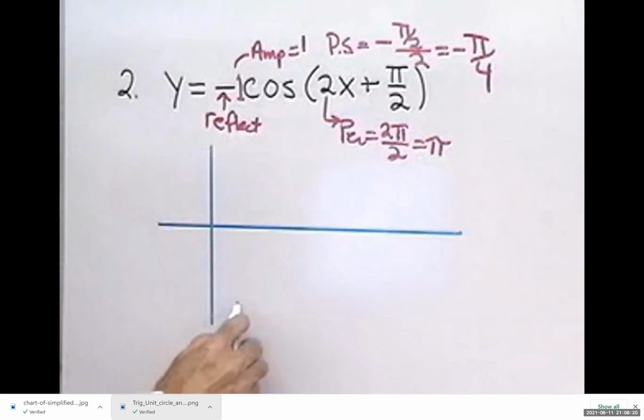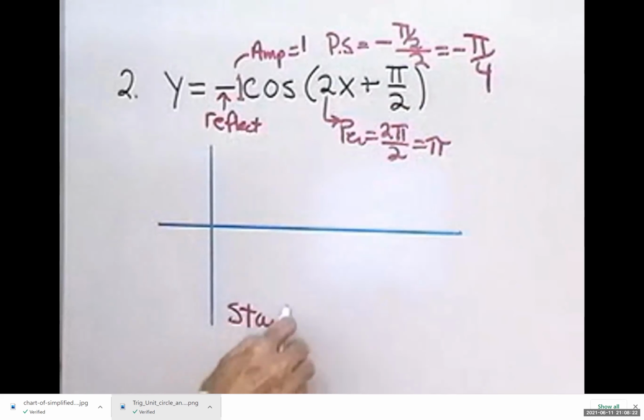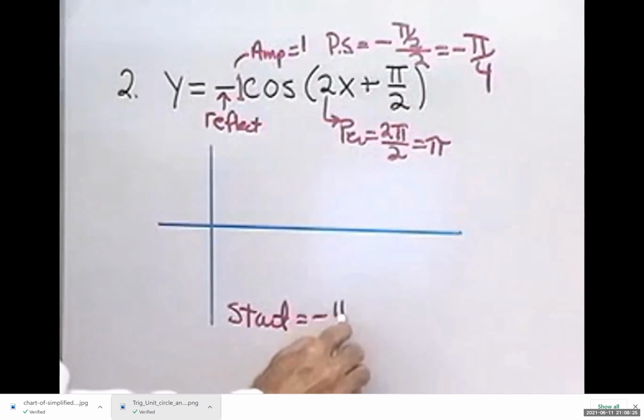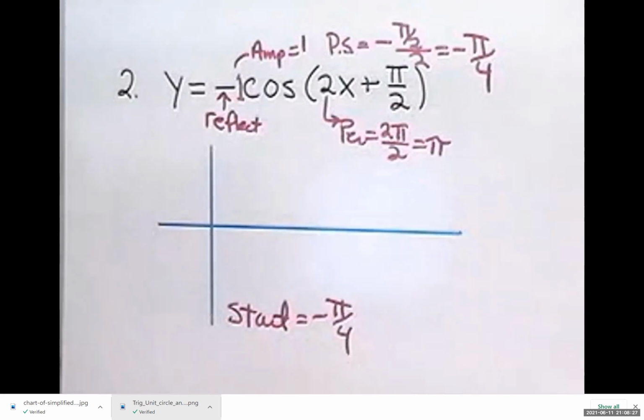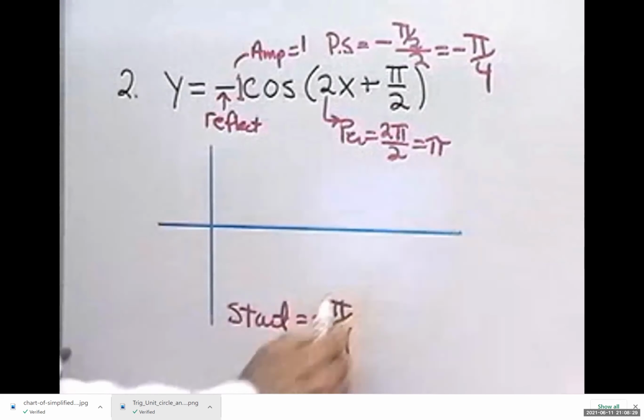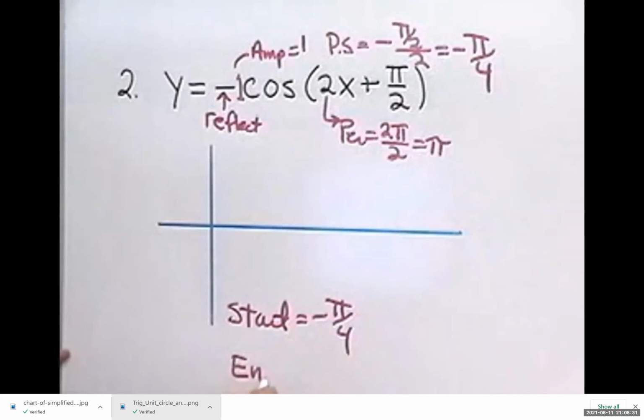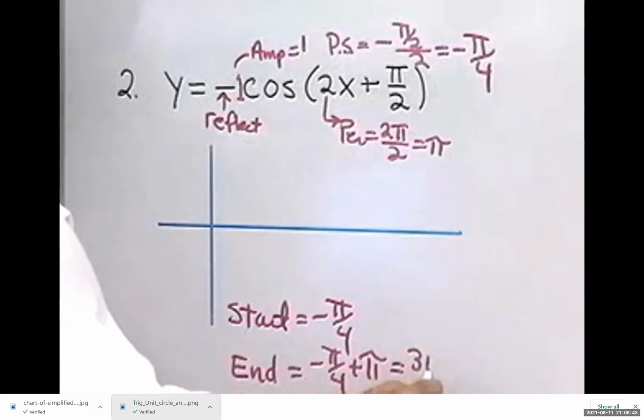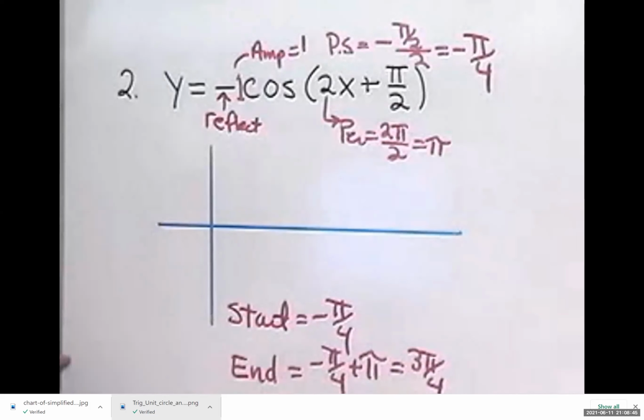So my graph is going to start at the phase shift, which is negative pi over 4. It will end pi units later. So it will end at negative pi over 4 plus pi. So negative 1 pi over 4 plus 4 pi over 4 is going to be 3 pi over 4. So let's see.